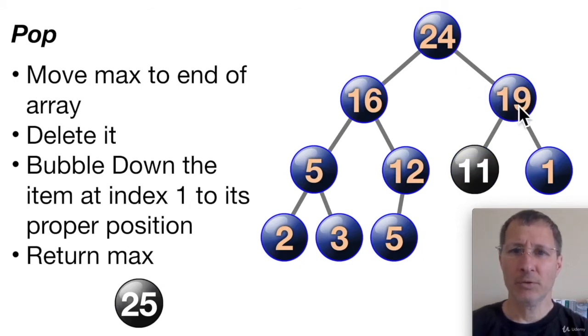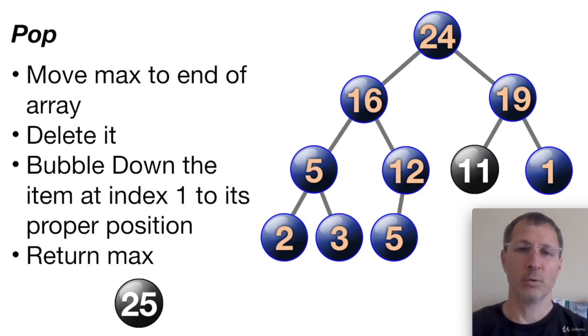So we do some comparisons with the child nodes to move 11 down until there's either no further room to go down or it's not less than any of its children nodes. So that's the operation for pop, and now we can just return the 25 that we pulled off. That's it. So those are the three key operations, and that's basically how they work in a nutshell.